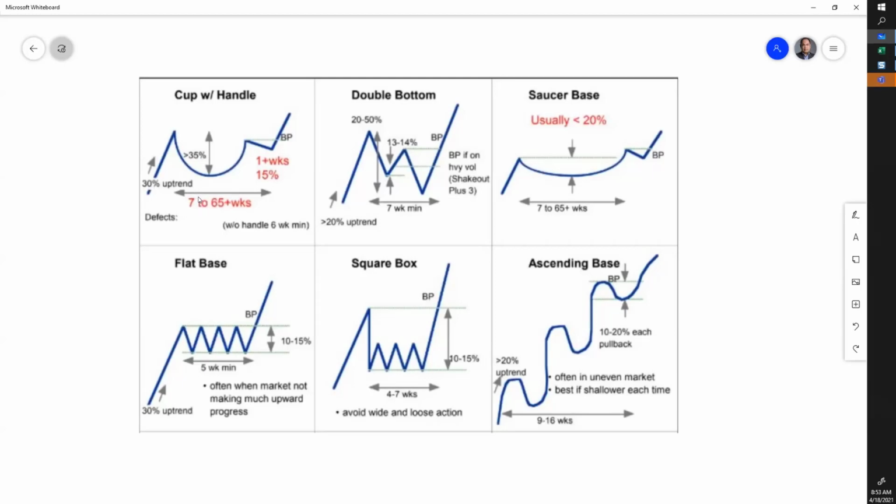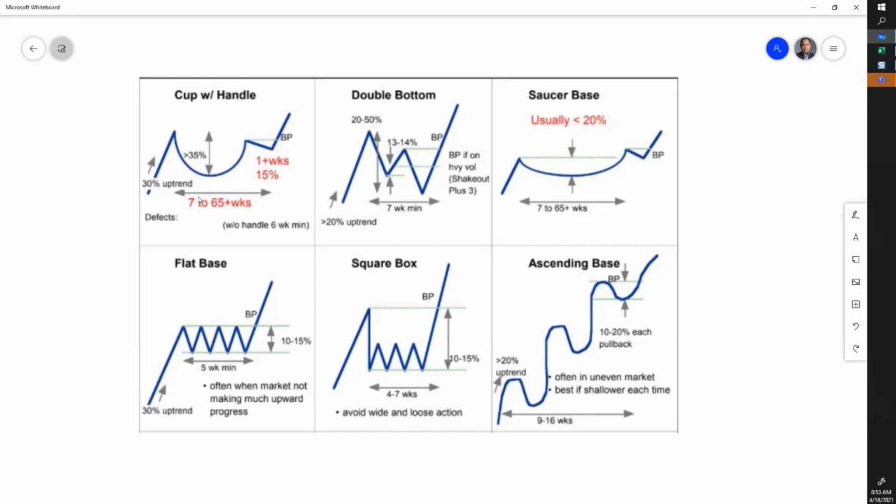Babalik pa rin tayo dun sa concept natin ng higher time frame allowing us to determine yung pinaka-optimal timing kasi makita naman natin yung case transitions on higher time frame. Pero in terms of yung IBD framework, they say 7 to 65 weeks pwedeng magtagal yung formation ng cup consolidation na yan.